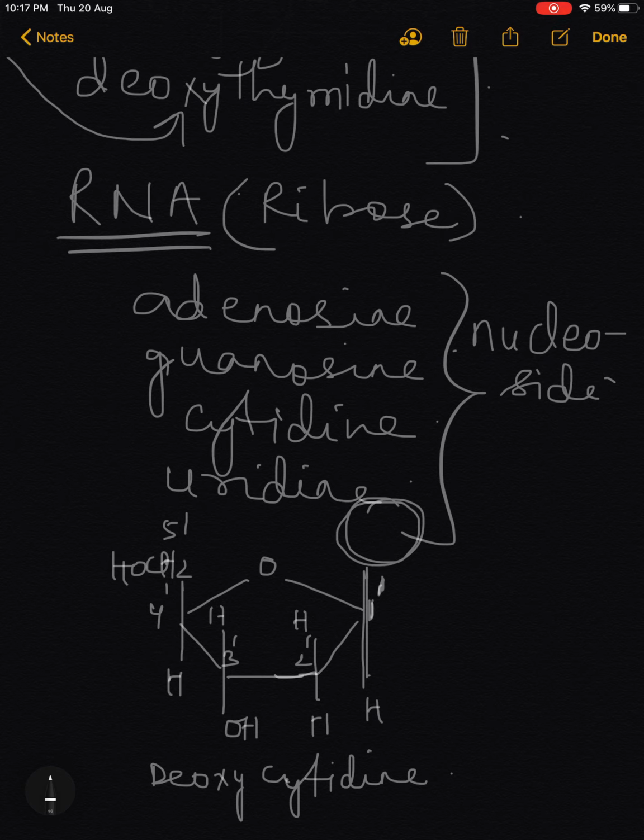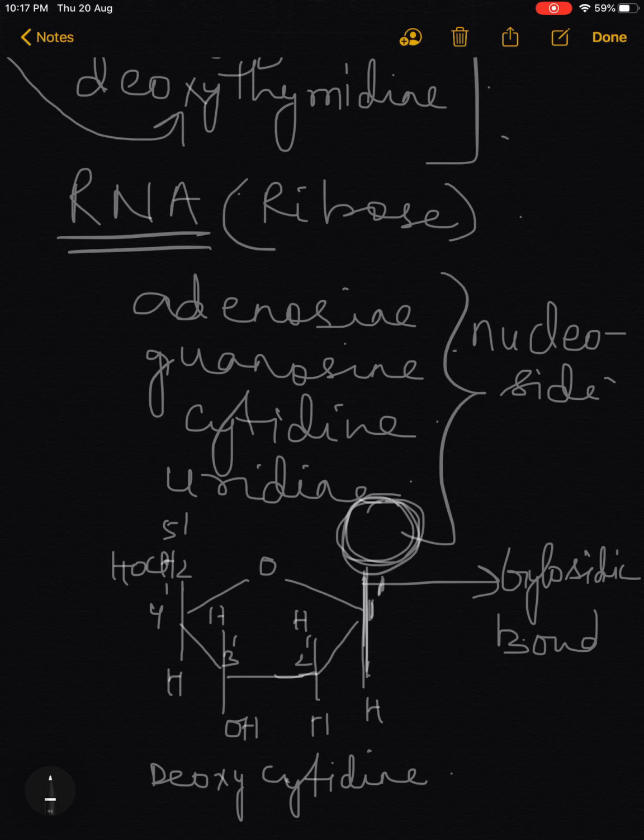This was about the positioning of glycosidic bonds, and the bond which will help to attach the sugar on the 1 dash end is glycosidic. I hope this is clear to you. This was about pyrimidines.